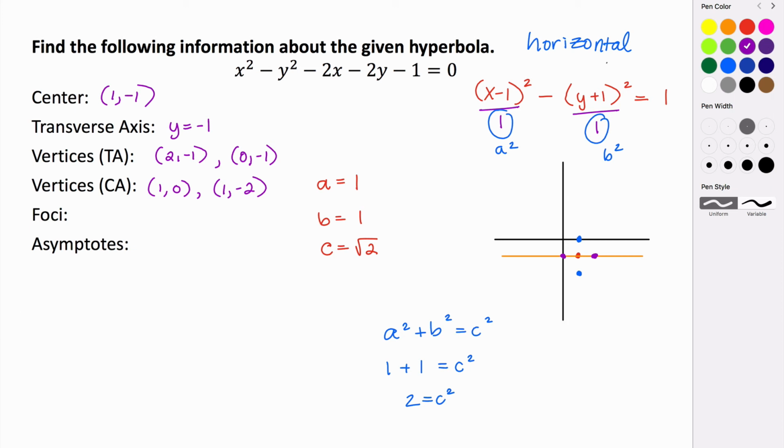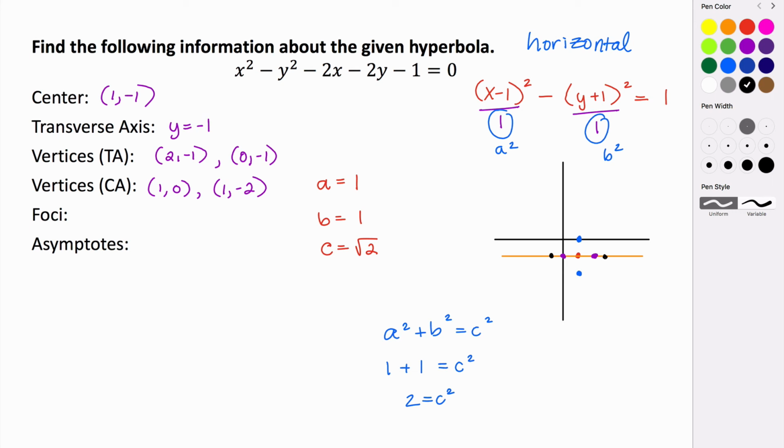Now the foci are going to be on the transverse axis, and they're going to be the value of c units to the right and left of our center. The square root of 2 is a little bit more than the square root of 1, which is just 1. So that's a little bit more than 1, so it's somewhere here and somewhere here. Those are going to be my foci.